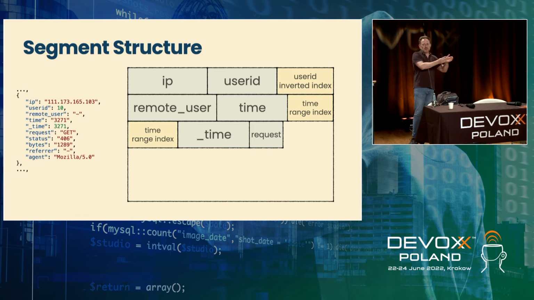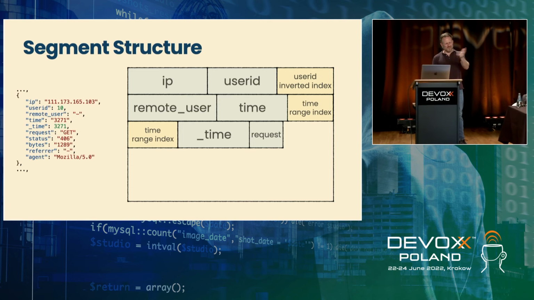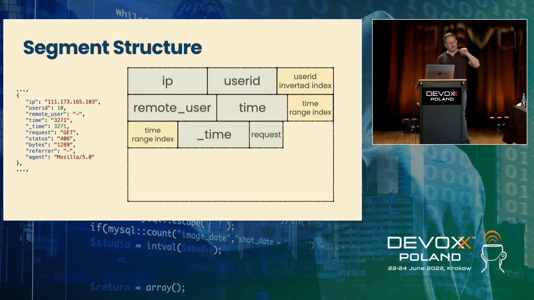So it'll use a dictionary and compress those. It's not going to store GET over and over again, or POST. It'll store a byte that points to a dictionary. It also, just incidentally, will do various lossless compression things with the column data. So it's trying to be parsimonious with disk space.